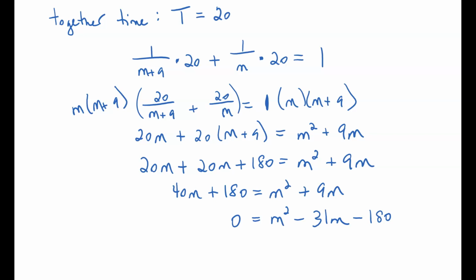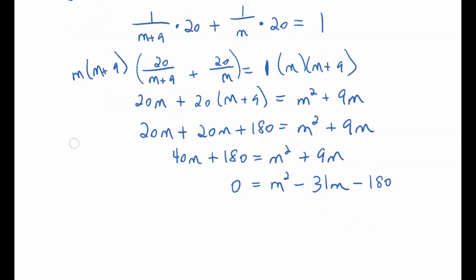Okay, so now we can solve because I've got a quadratic here. Alrighty, does anyone see what this factors into? 5 and negative 36. I would not expect anybody to get that quickly. That one would take a little while.